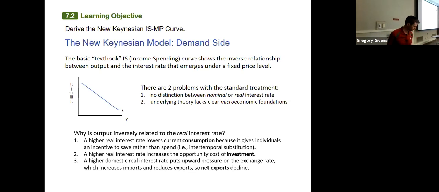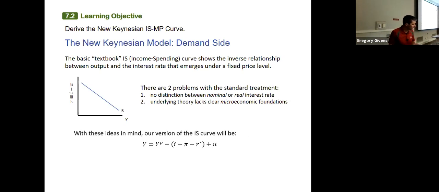interest rate. Now, to summarize this in terms of an equation that we can use, we're going to put these ideas into what we call an IS curve or IS equation in our new Keynesian model. And this is what it looks like.